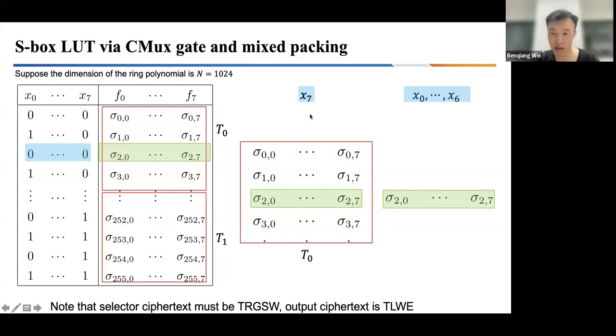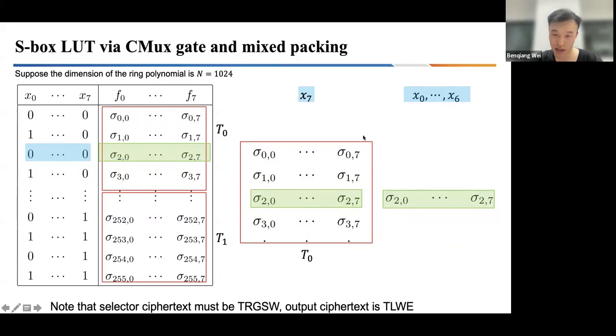And first, x0 to x7 is our input, and x7 is the most significant bit of the input. So first we use the most significant bit x7 to select the ciphertext where the target is located. That is T0.